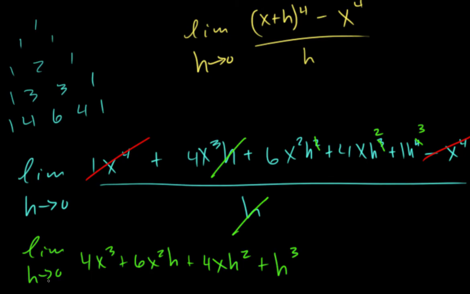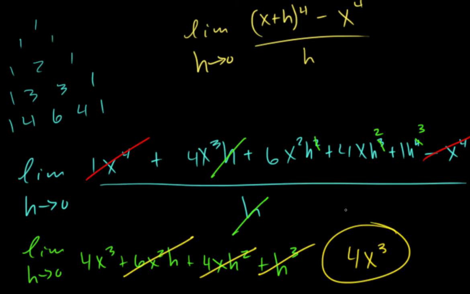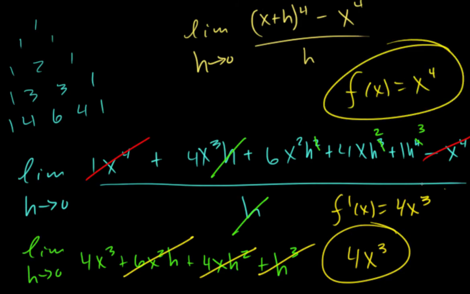Now there's no division by 0, so we can plug in the 0. If we plug in the 0 here, here, and here, it all cancels, and we're left with 4x cubed. So that is the derivative function. So f prime of x equals 4x cubed when f of x was equal to x to the fourth.